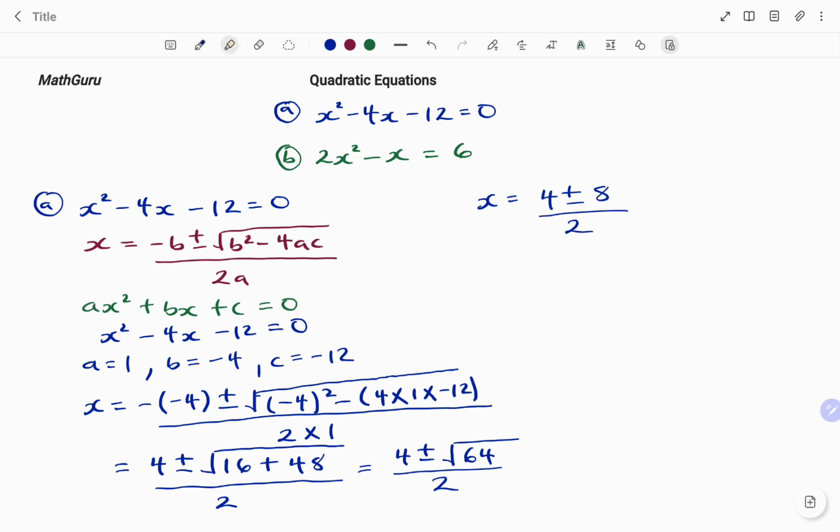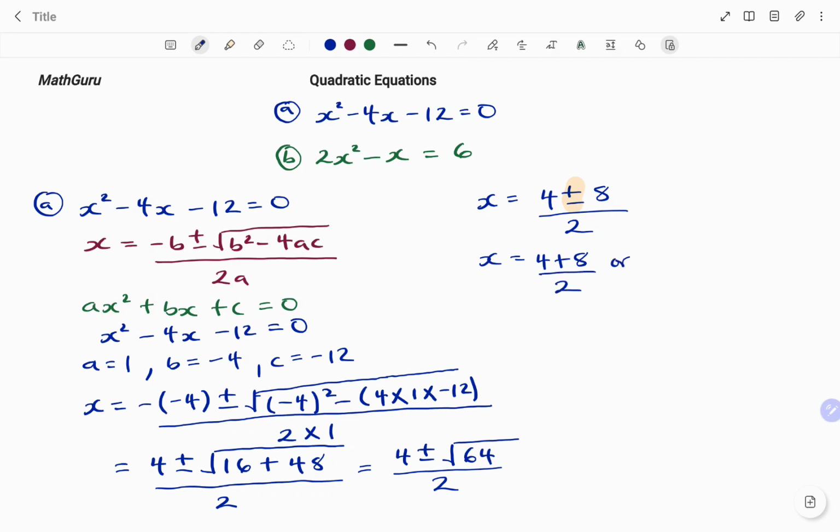Now note that you have two answers. Anytime you're solving a quadratic equation, you have two answers because of the plus or minus as shown in your formula. So I'm going to split up my values. For the first one, I have x equals 4 plus 8 divided by 2.